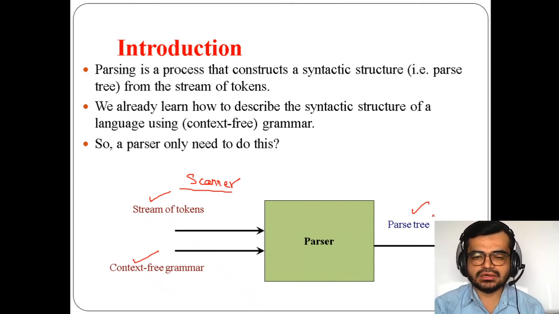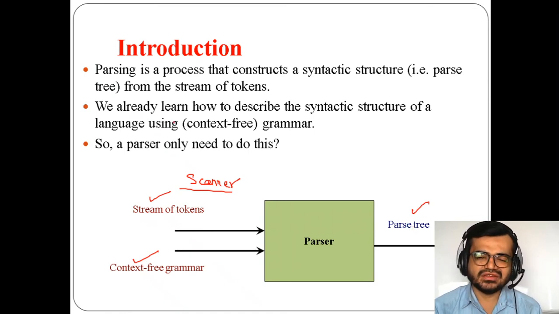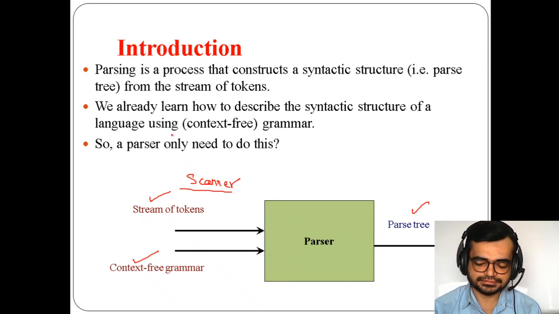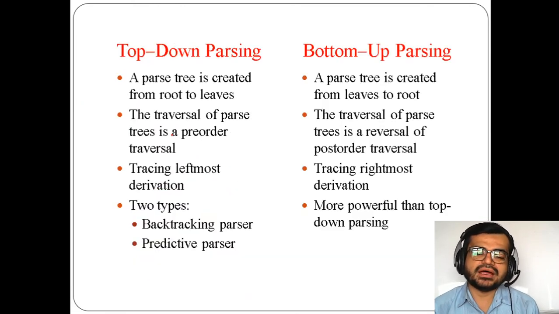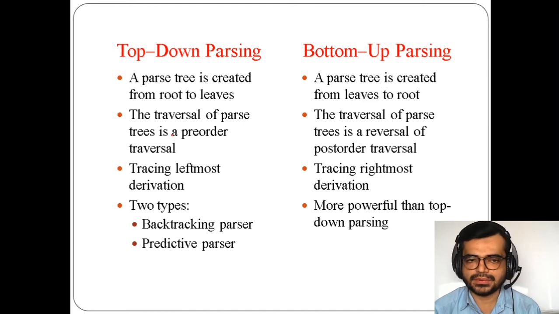As you know, parse trees are used to represent the syntactic structure. A parse tree is simply the syntactic structure, meaning how the syntax of the given language is described, and that is described with the help of parse trees. So this is the role of the parser. I said that parsing can be performed in two ways, top down parsing and bottom up parsing.